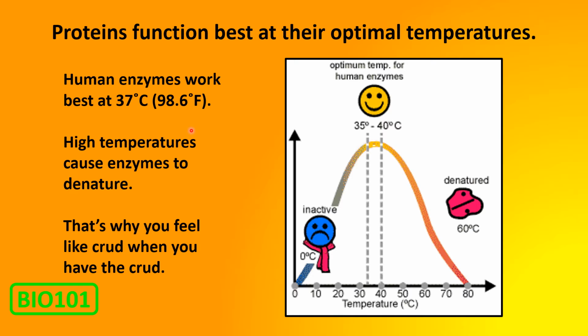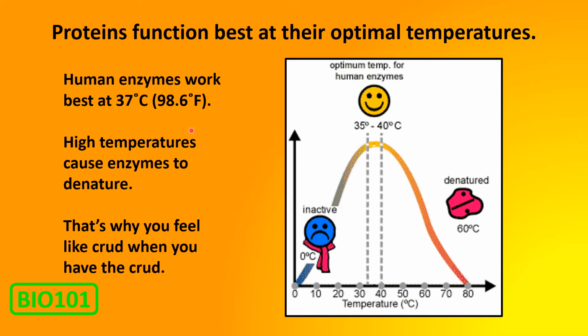Here's an example that you all are familiar with. When you get sick and you get a fever, a high temperature, and you start feeling run down, your muscles ache and you feel draggy, like you've been hit by a truck, that's because your proteins have been denatured. Your enzymes have been denatured. Because you get a fever, your temperature goes above 98.6, and things start breaking down.